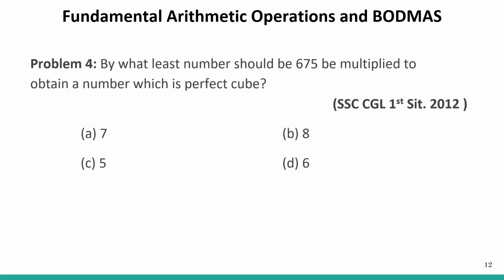By what least number should 675 be multiplied to obtain a number which is a perfect cube? So we have the number 675.